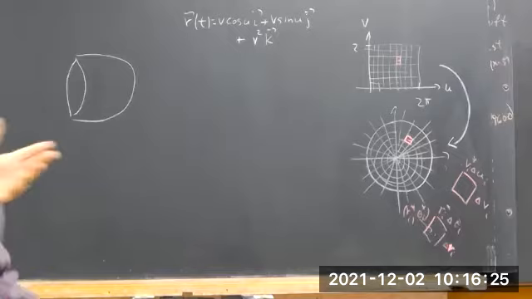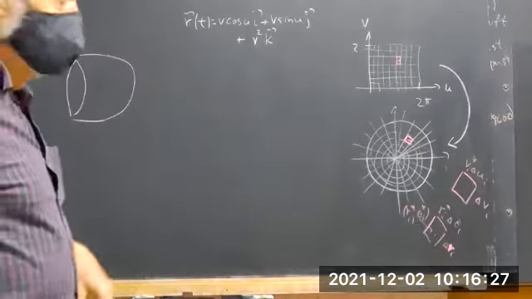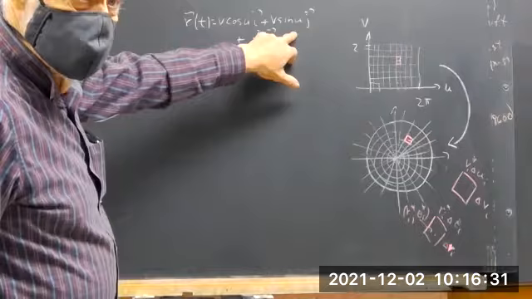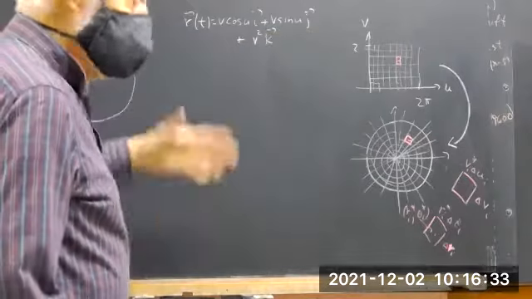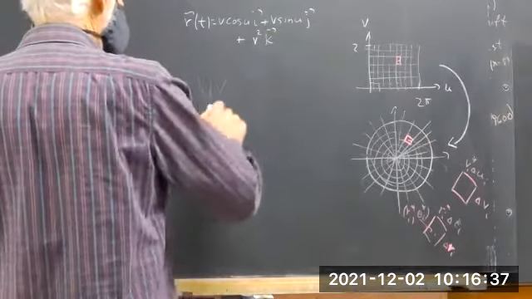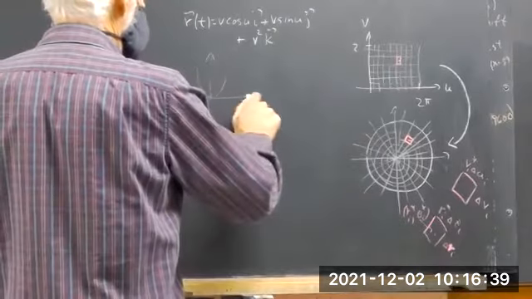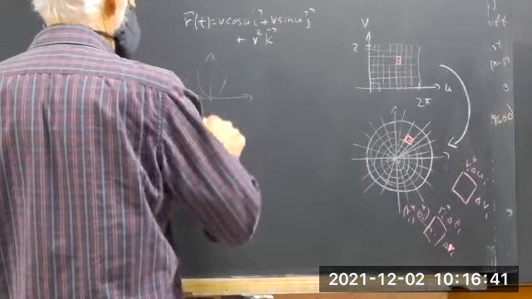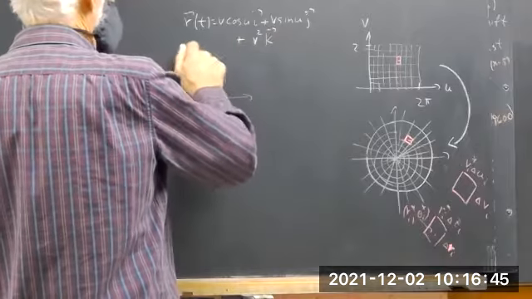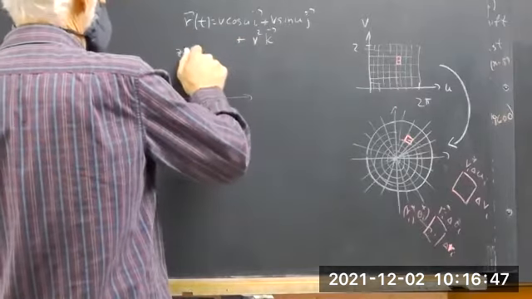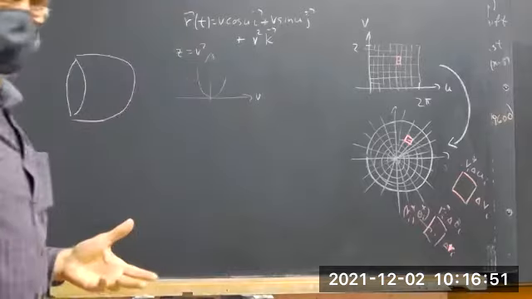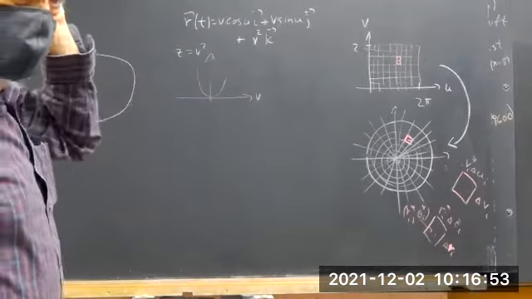We can very quickly recognize that this is a circle of radius v, and this is v squared. If you graph v squared versus v, you get a parabola, right? So we'll call this z, because that's originally equal to v squared. This is v, it's a parabola.